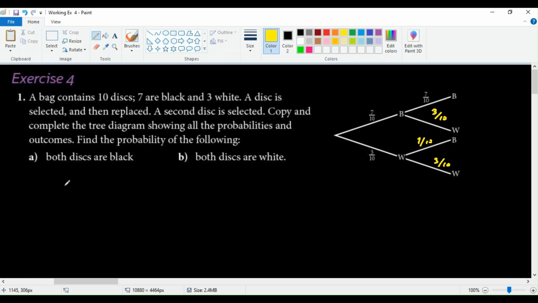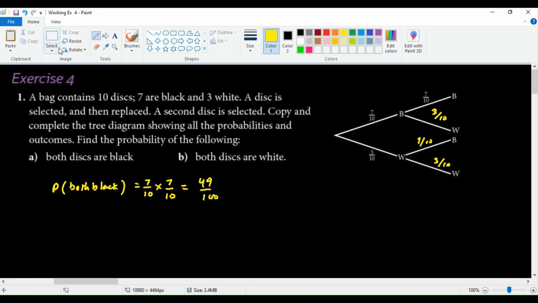Now, probability of having both black is going to be 7 over 10 multiplied by 7 over 10, because both the discs are black. So this is going to be 49 over 100.